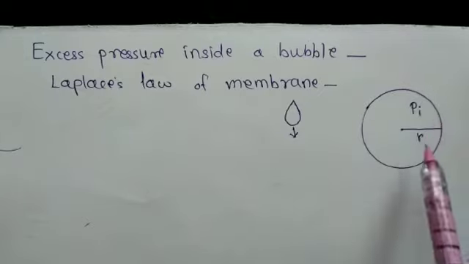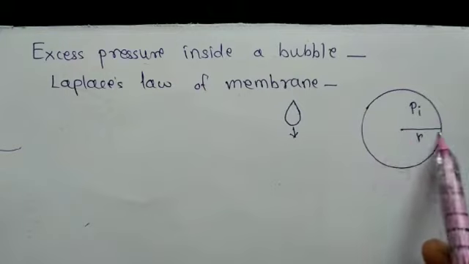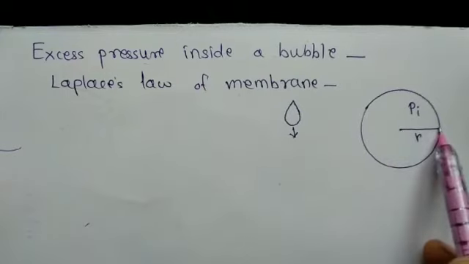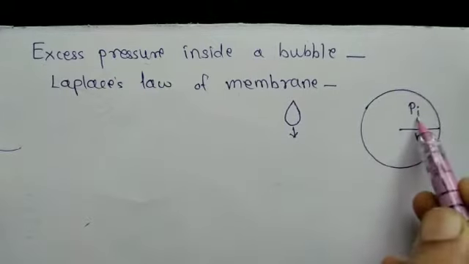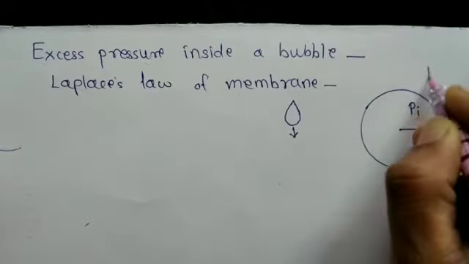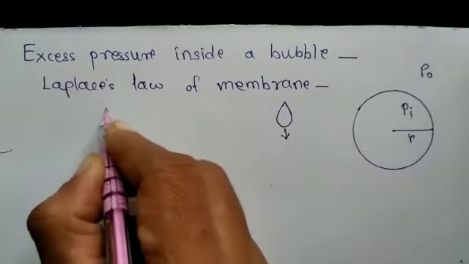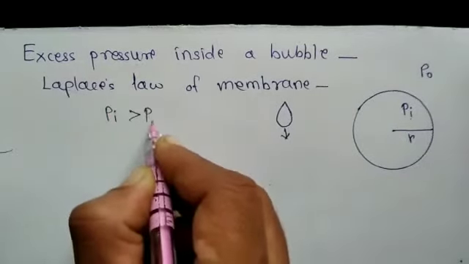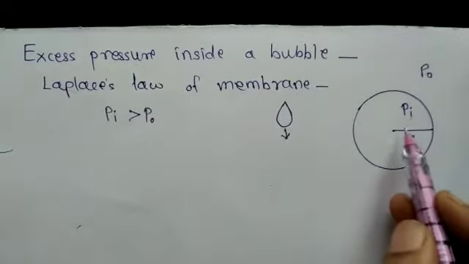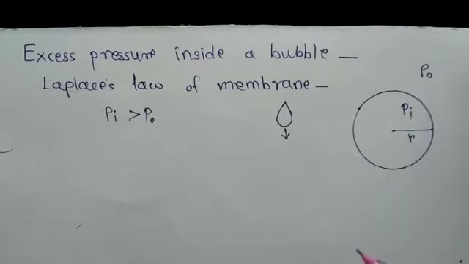Now consider a bubble or a drop of a liquid of radius r. Internal pressure is Pi and outer pressure is P0. Here Pi is greater than P0; internal pressure is greater than outer pressure.